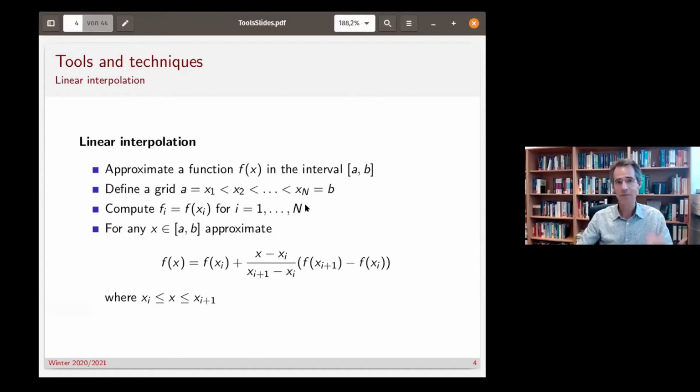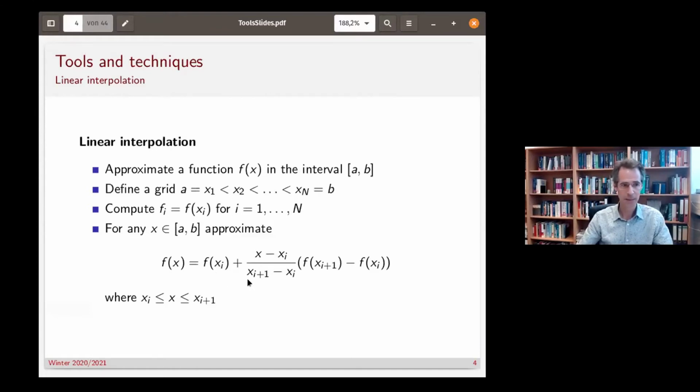And now it's easy to approximate the function by linear interpolation. We simply assume that between the points, the function is a linear function. So it would be piecewise linear. And of course, then we have kinks. We might not like that. In that case, we need a different approximation method. But if we don't really care about the kinks, then linear interpolation is quite a good approach. So between the grid points, we approximate the function by simply assuming a straight line.